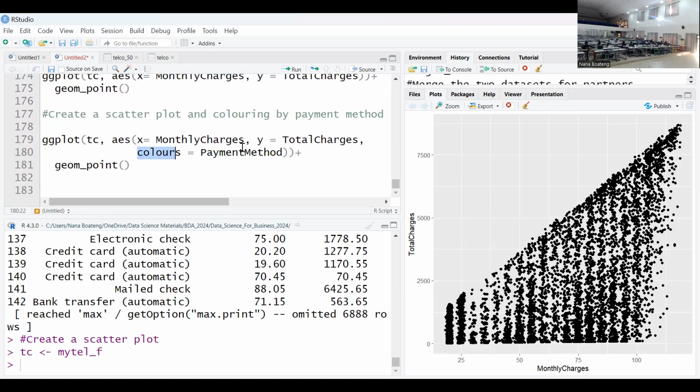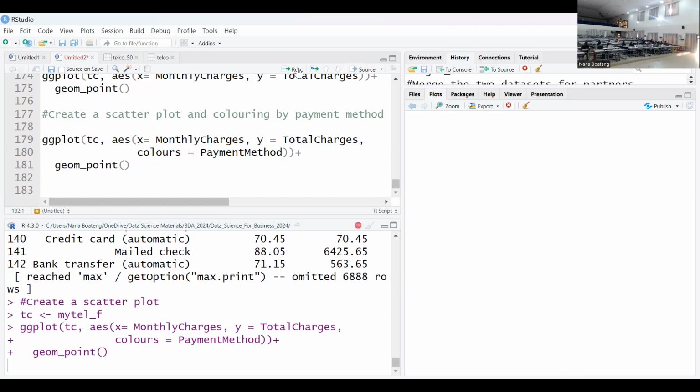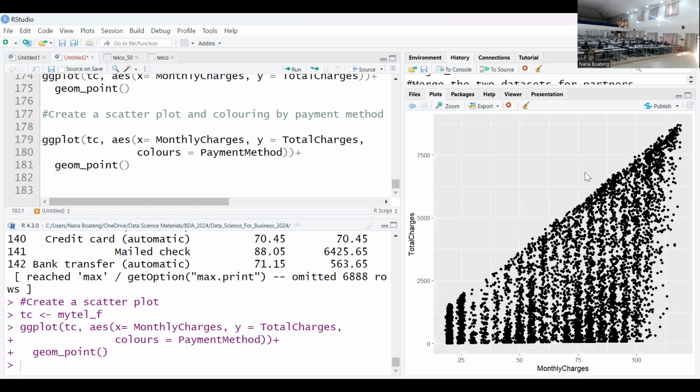Here we've added a color argument, and we've specified that it should use the payment method. This is color.